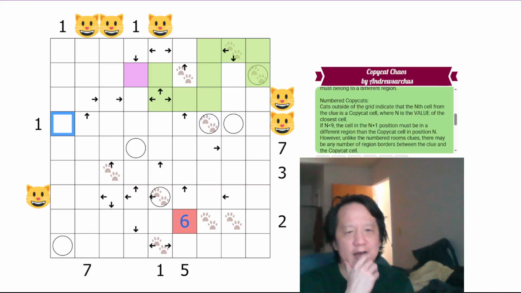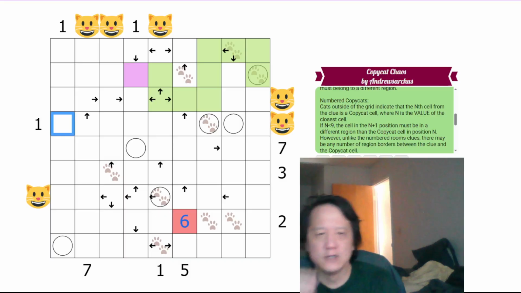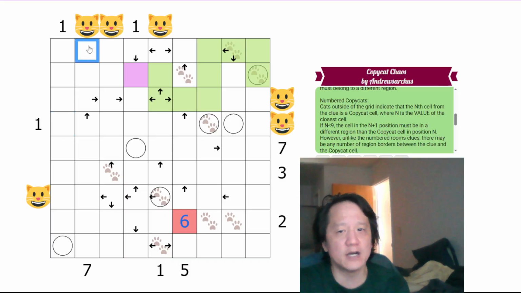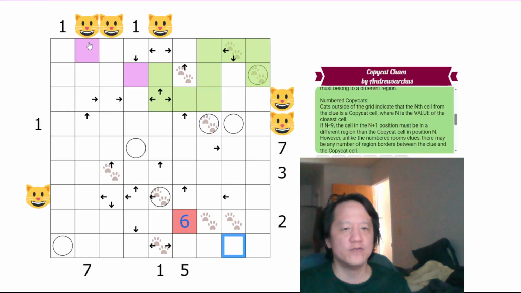So if we had a copycat cell here, this is saying that the copycat cell would have to be in the first position, right? Because the copycat cell is in the first position in this column. Therefore, the value of the rotationally opposite cell would have to be 1.